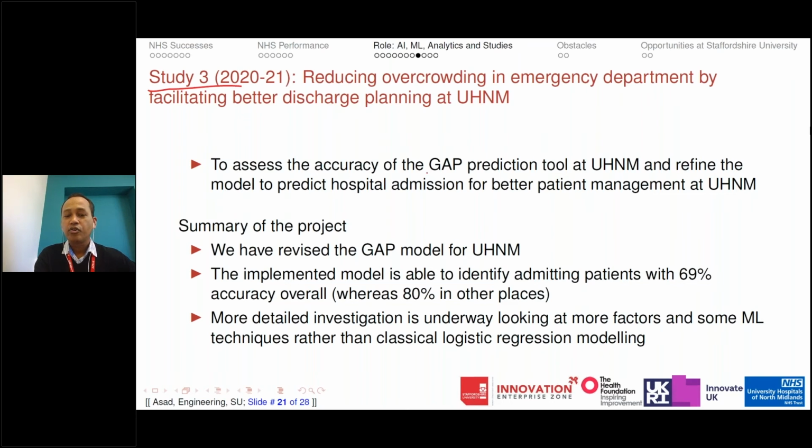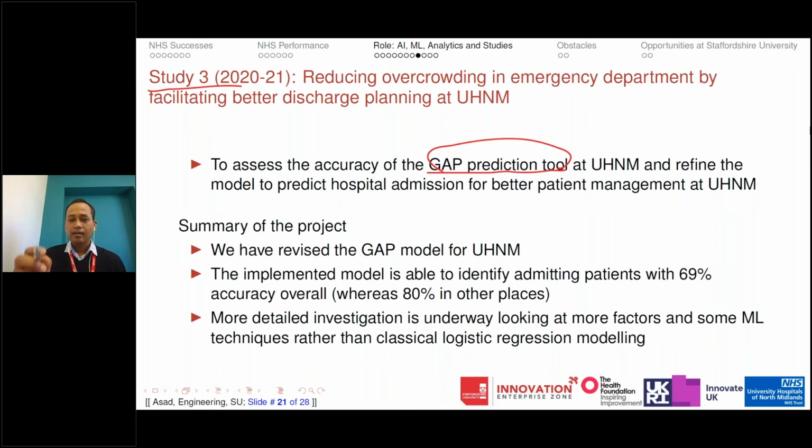We are trying to find out a good prediction tool to implement at Royal Stoke, well, particularly UHNM, University Hospital of North Midlands. When a patient is coming to the accident and emergency department, at the time of admission, this tool is able to predict whether the patient is going to be admitted or will be discharged in less than 24 hours.